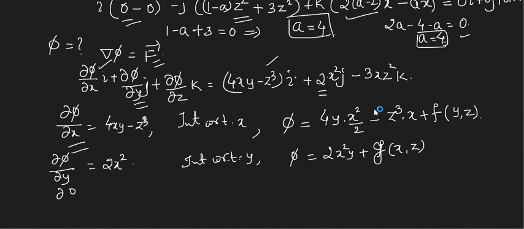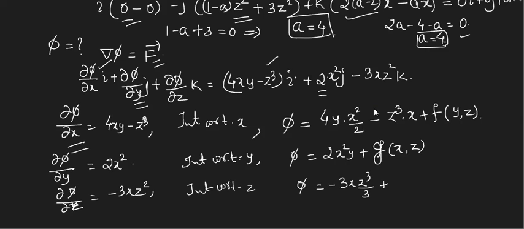Last one, the k coefficient: minus 3x z cube by 3. Very good. Plus h of x comma y. Now you can observe, in the first expression how many terms are there?